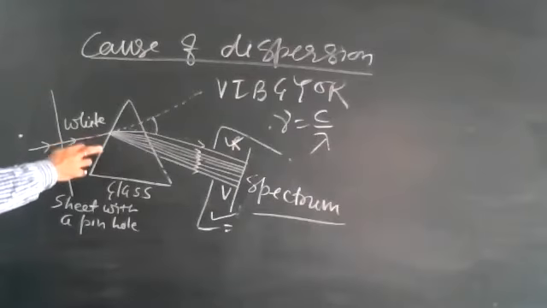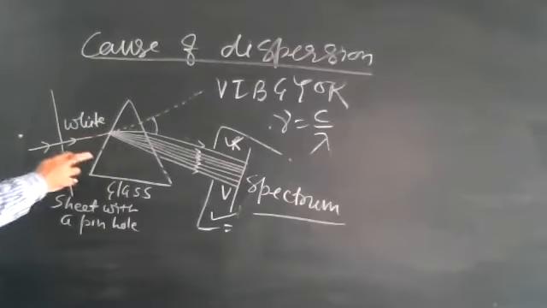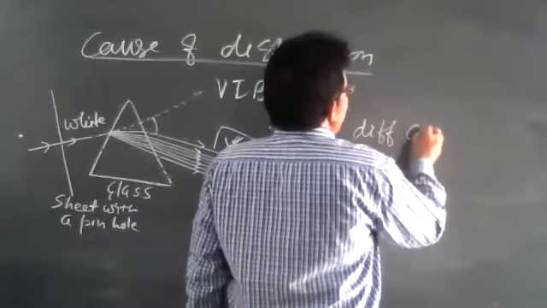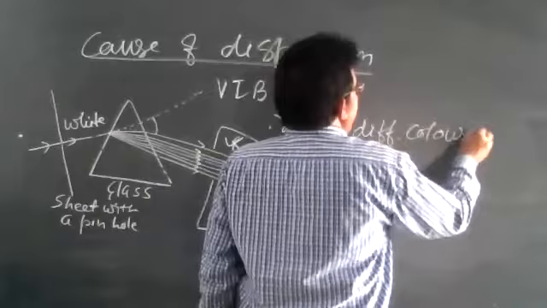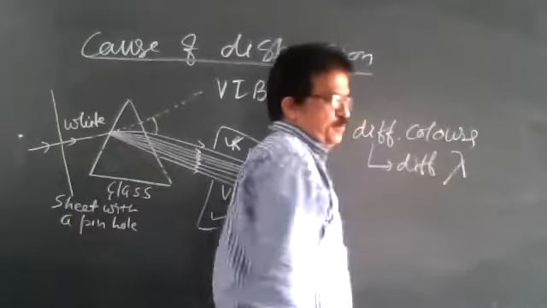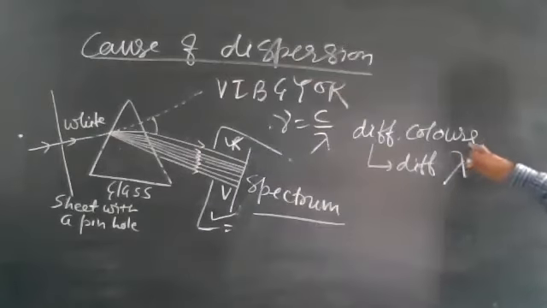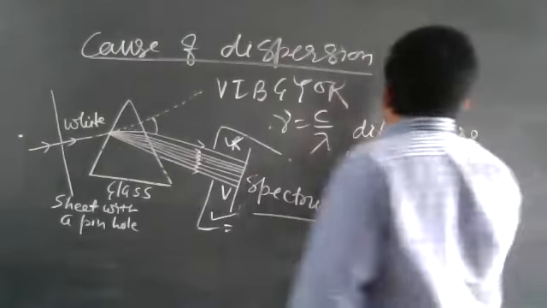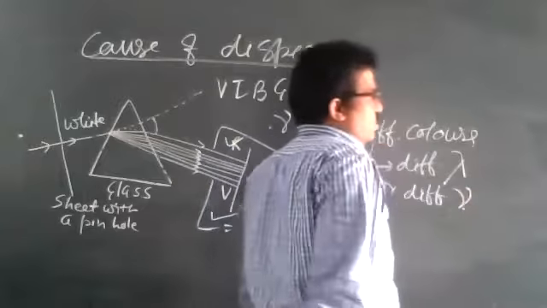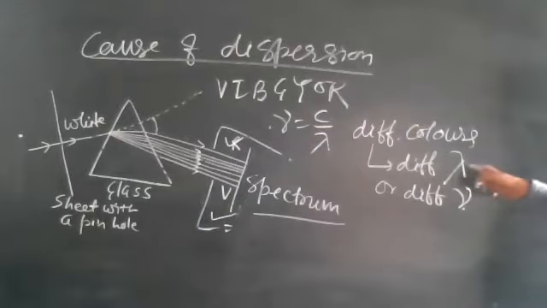So different colors of light have different wavelength, lambda. लिखो, different colors of light have different wavelength or different frequency, nu. हर कलर की अपनी अपनी वेवलेंथ अलग है, फ्रीक्वेंसी अलग अलग है.